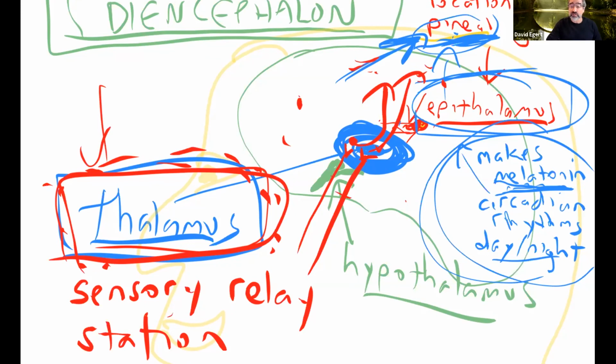The sense of smell is the most primitive, the most directly wired into the baseboards of your brain. But every other sense first synapses in the thalamus and then gets sent up into the higher brain regions. So, thalamus.